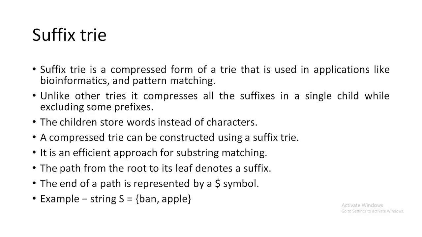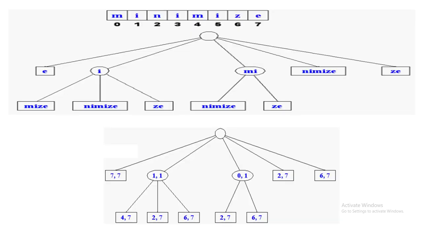Used in bioinformatics and pattern matching, where children store words instead of characters. A compressed trie is constructed using a suffix trie. It is an efficient approach for substring matching. The dollar symbol is used in the path. So here the suffix trie is minimized.